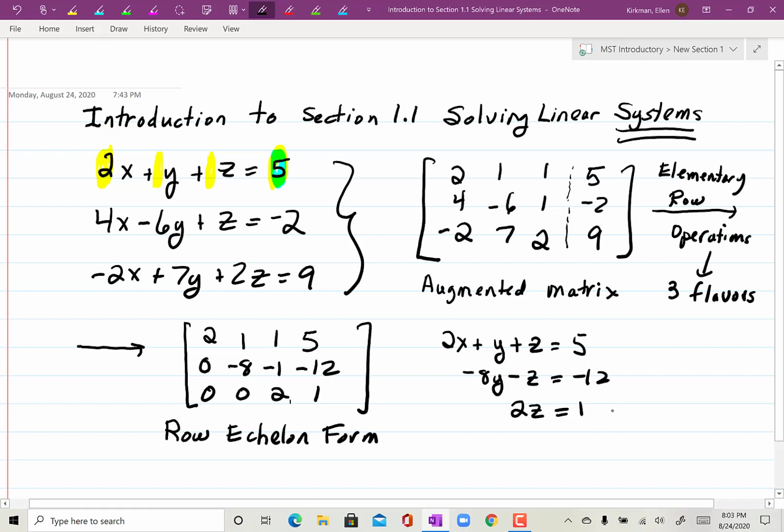We could solve for z, and then plug in here and solve for y, and then plug y and z in here and solve for x. And this process is called back substitution.